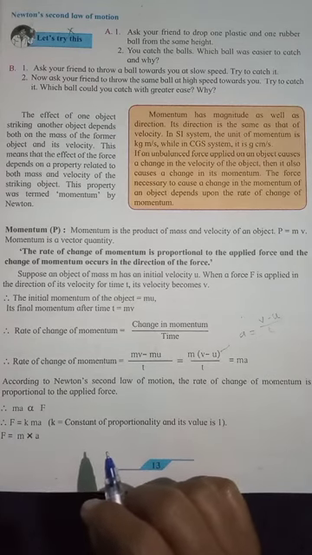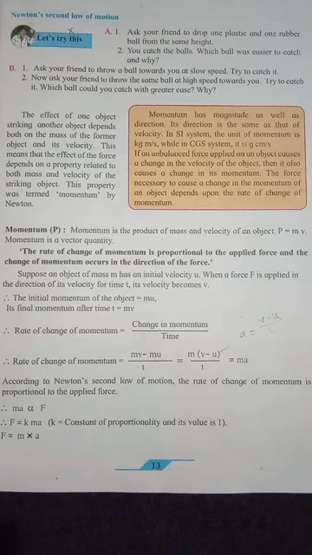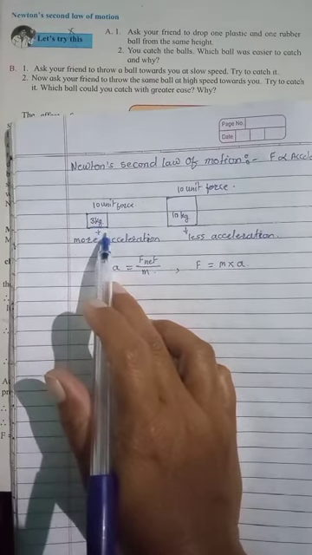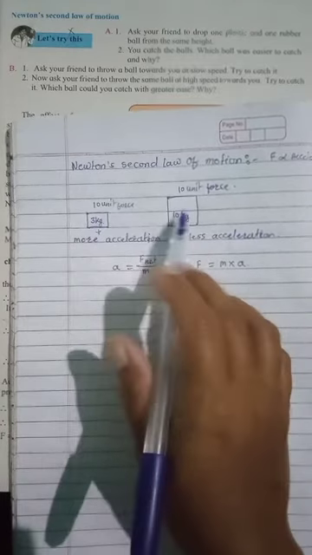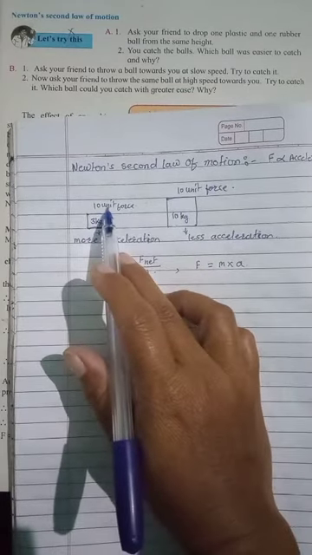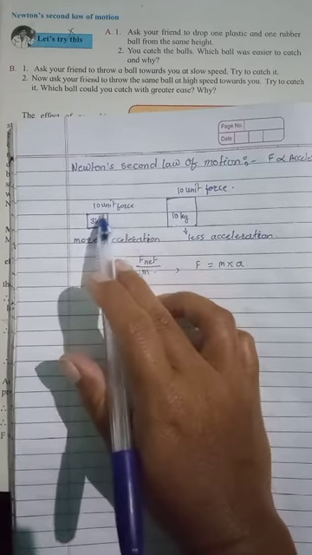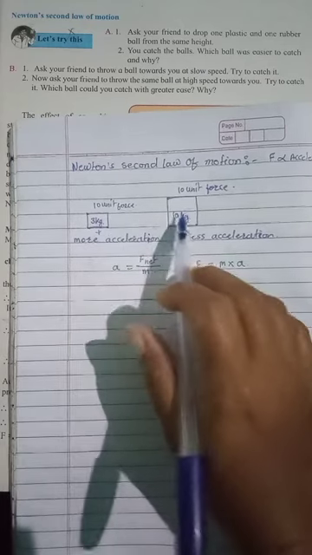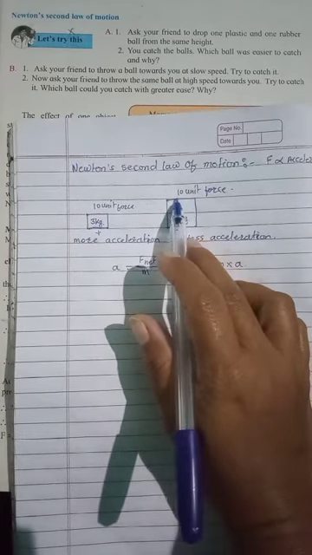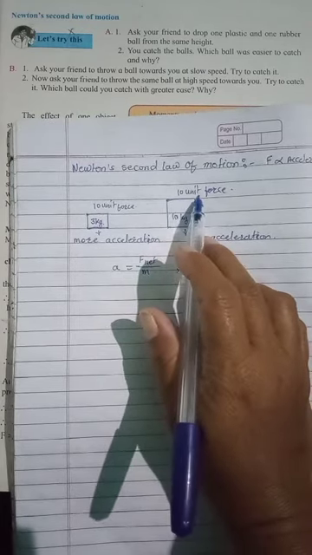So here we take one example related to acceleration, so you will understand what we have given in Newton's second law of motion. If we take a 3 kg object and another 10 kg object, and on these two objects we apply the same unit force, that is, on the 3 kg object we apply 10 unit force, and on the 10 kg object also we apply 10 unit force.